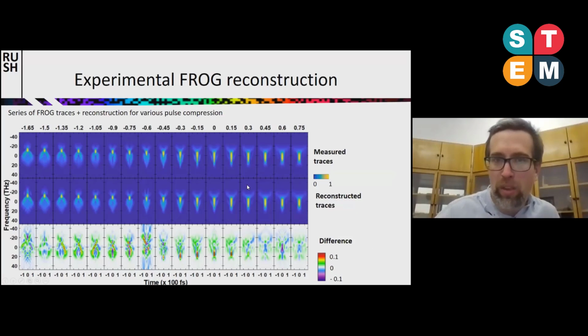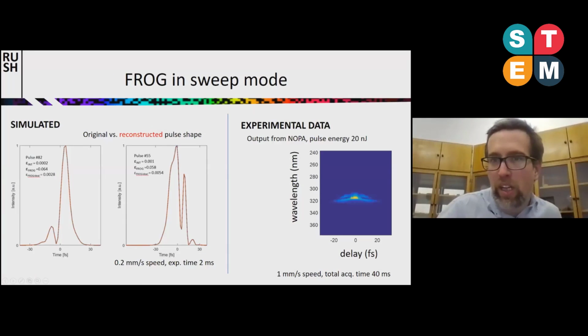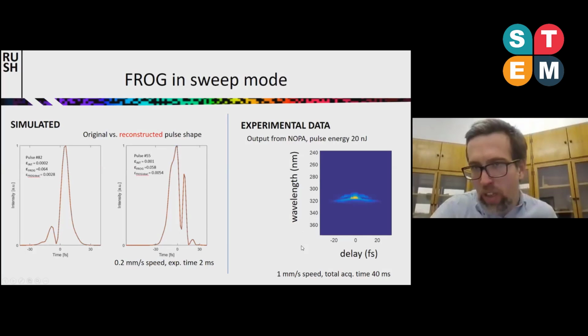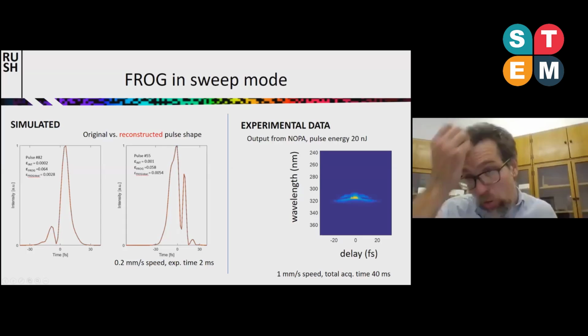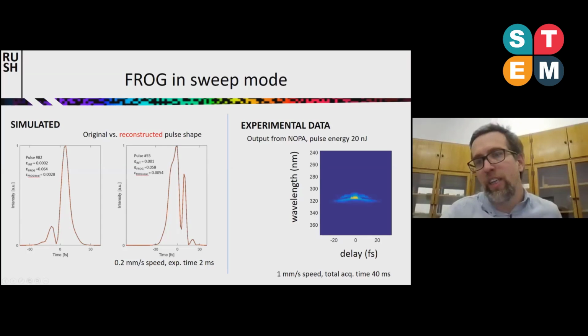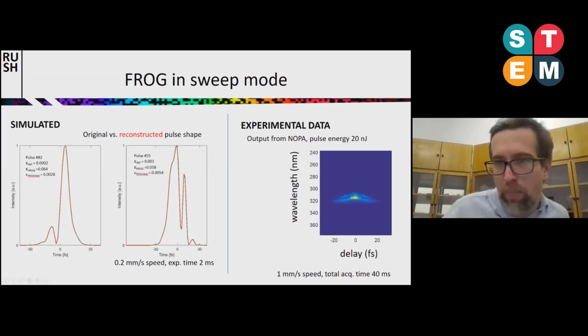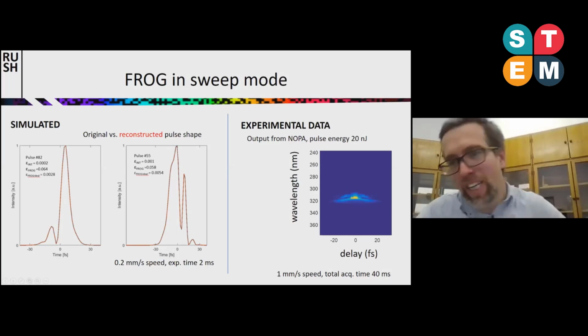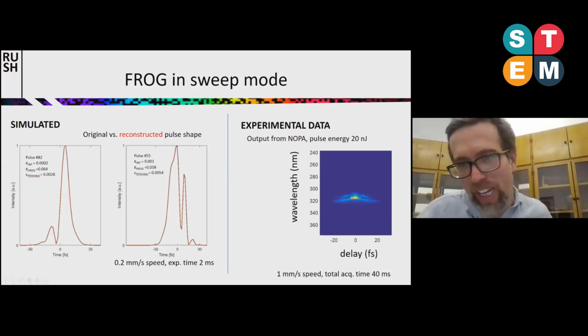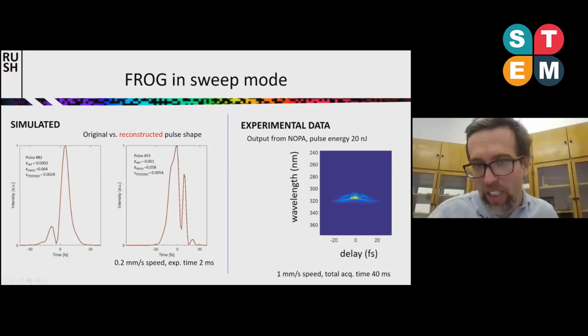And related to that, here you have a measurement of a laser pulse of 20 nanojoules, which was taken from our non-collinear optical amplifier. We can get nicer pulses than this, but I like that we can get some nice features here in the FROG trace.